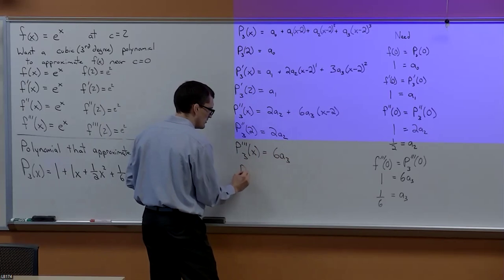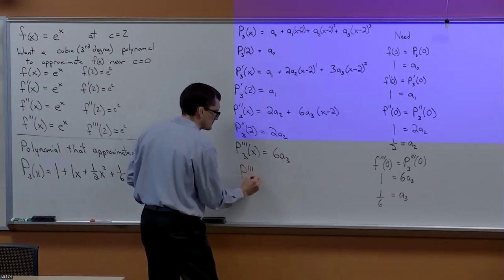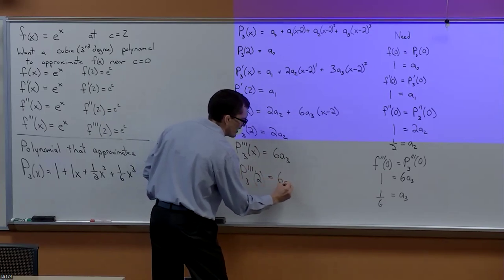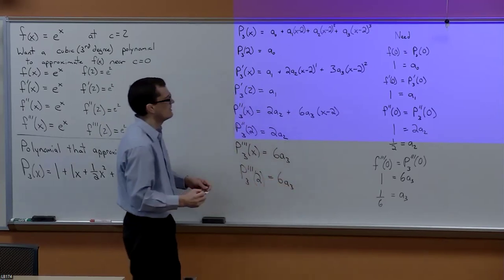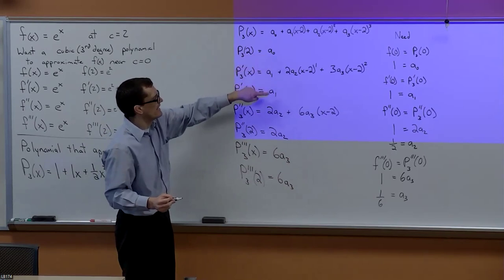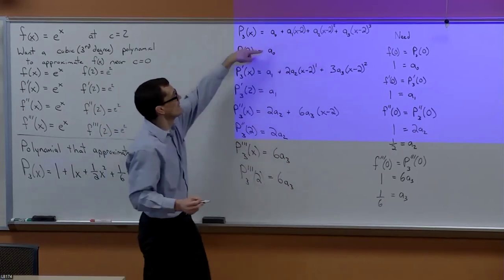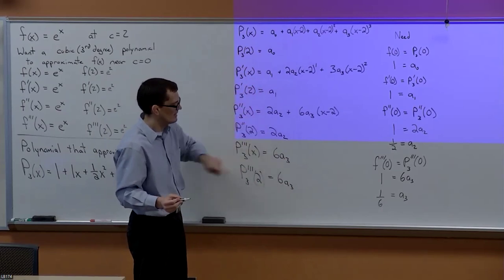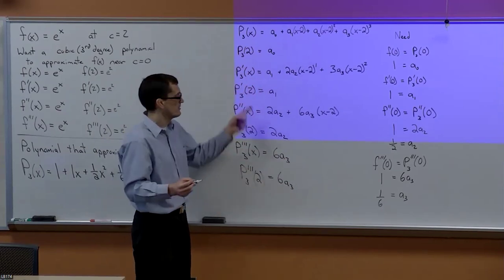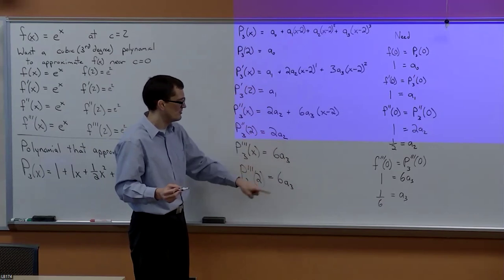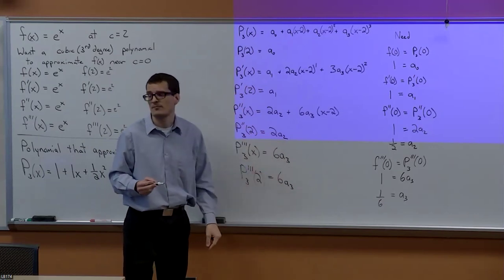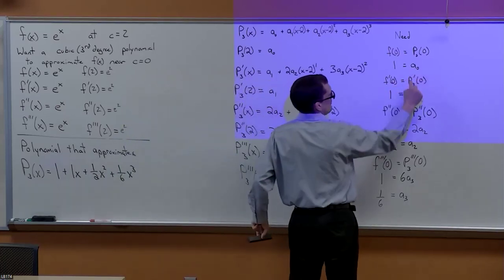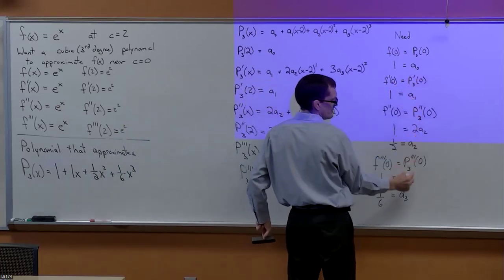And if I plug in a 2 for that, I get back 6a3. Notice that by using x minus 2, I get the same pattern: a naught, a1, 2 times a2, 6 times a3, etc. So the right-hand side of each of these equations is going to be the same.